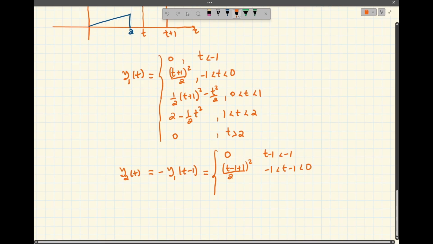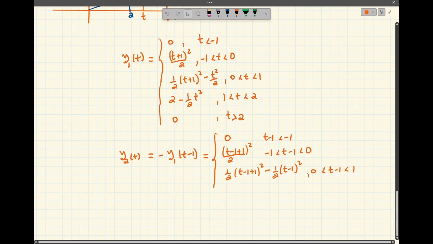And then we have 1/2 (t minus 1 plus 1) square minus 1/2 (t minus 1) square. For this case, we have 0 less than t minus 1 less than 1.